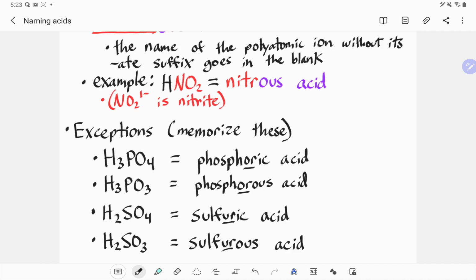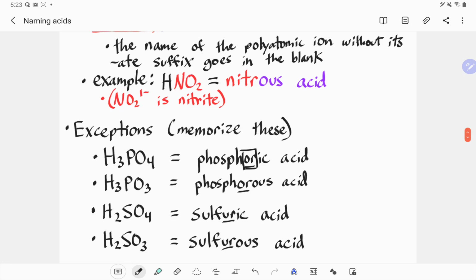They do abide by the naming rules, but they just add a couple of letters that make them a little bit different and make them exceptions. So I guess maybe phosphoric acid sounds better than phosphic acid, and that's why this exception exists. I'm not really sure. Or maybe scientists just want to make things more confusing for us. But we're going to remember it and we're going to be fine.